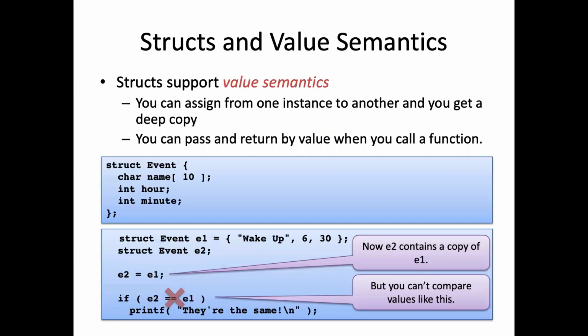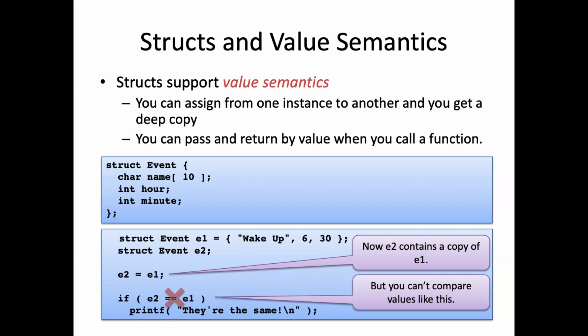Structs. In C, structs support value semantics. We've probably talked about that before, and you probably talked about that in Java. To remind you, what do I mean by value semantics? It means you can assign between variables of a struct type and you get a copy. That's not how Java works, at least not for objects.